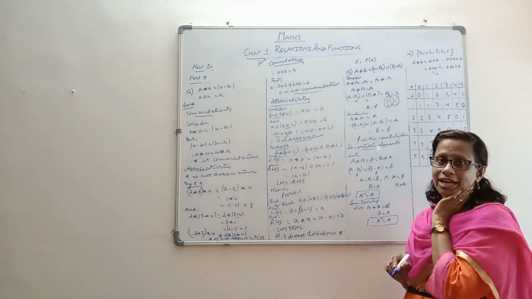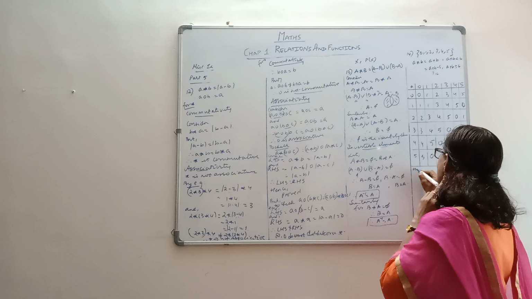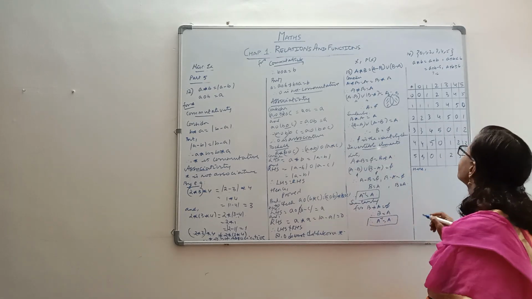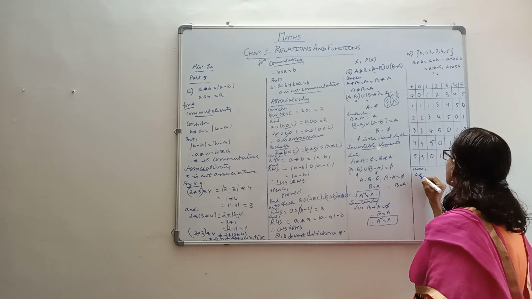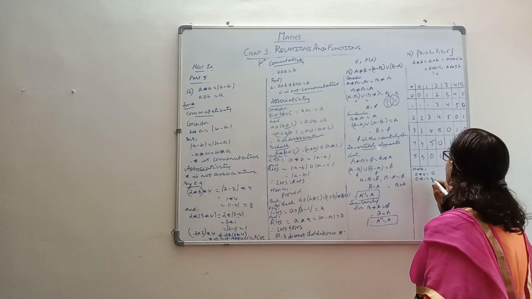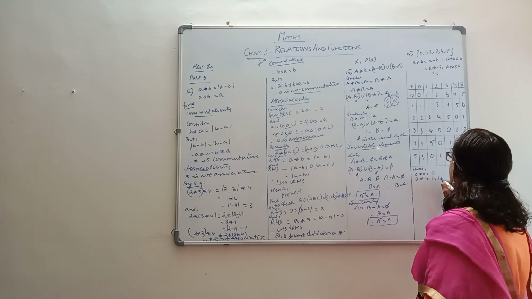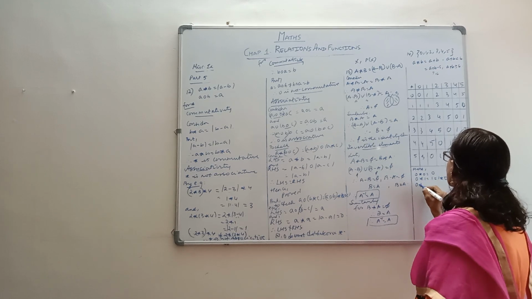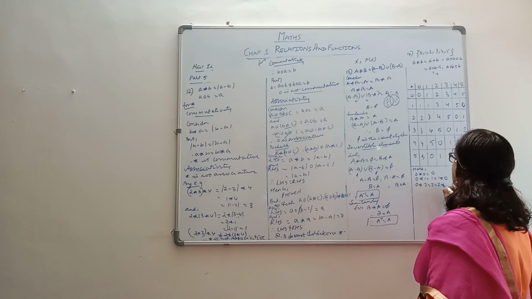They ask us to find out the identity element, which we can check. Here, see, 0 star 0 is 0. Then 0 star 1 is 1, 1 star 0. 0 star 2 is 2, 2 star 0.